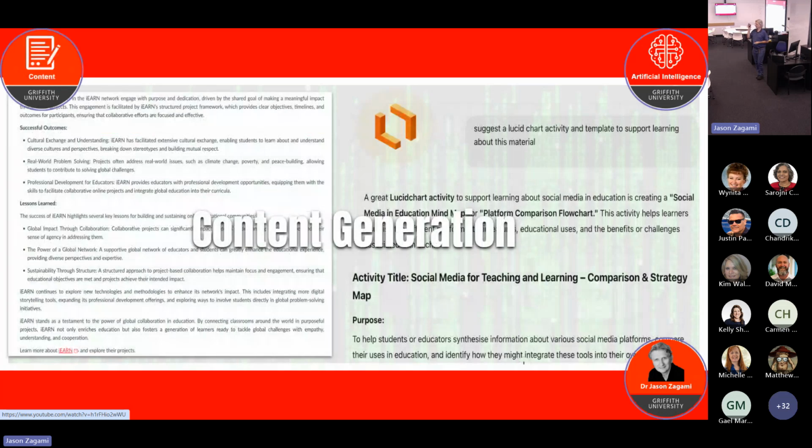I'm currently using a lot of the Lucid chart tool because it integrates nicely with Canvas and with Teams, and it links to their Teams account, so you know who's done what in the actual whiteboard, for want of a better word, that is Lucid chart. So this was then able to generate all of that content, some 200 pages of content, probably about 800 readings, and lots of other resources that were to do with designing the course.